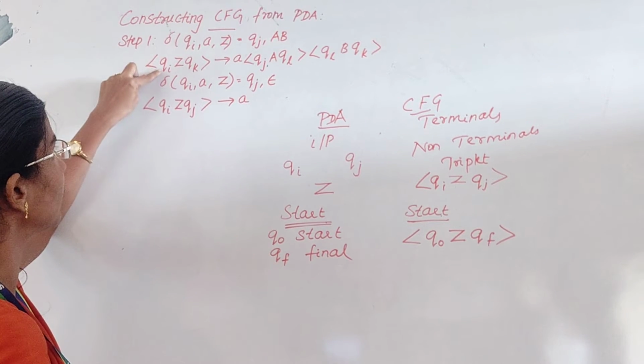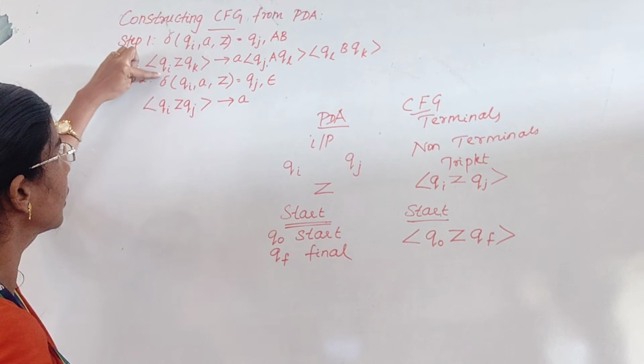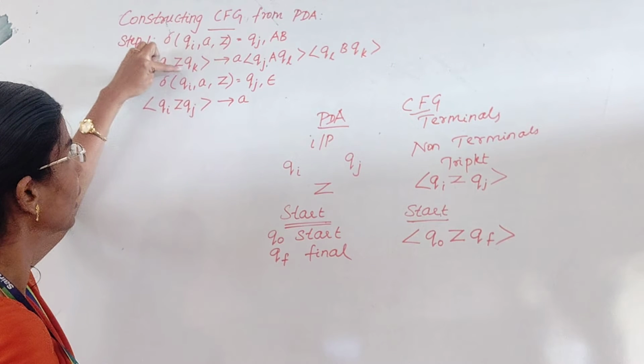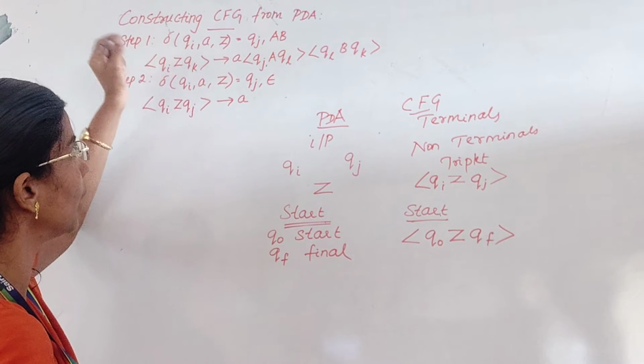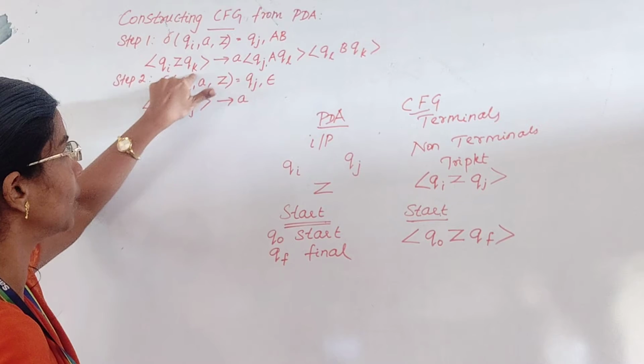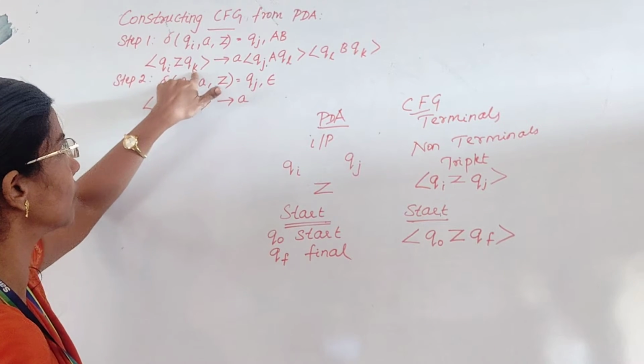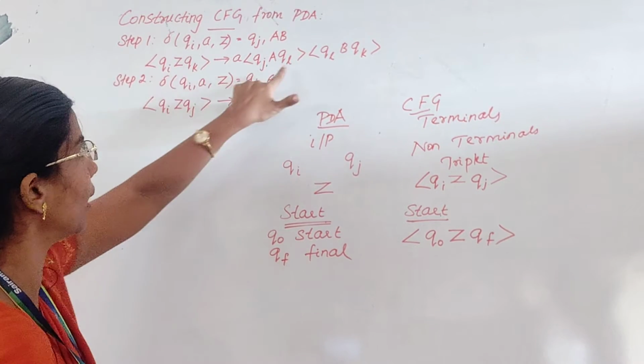You are supposed to write like this: QI, Z, QK. Here we have introduced two variables, K and L.